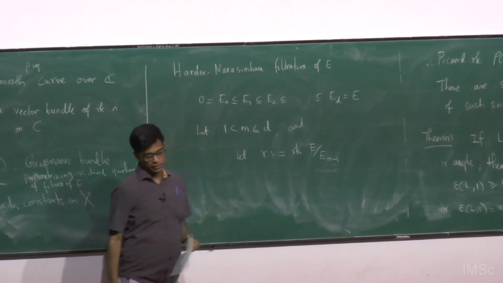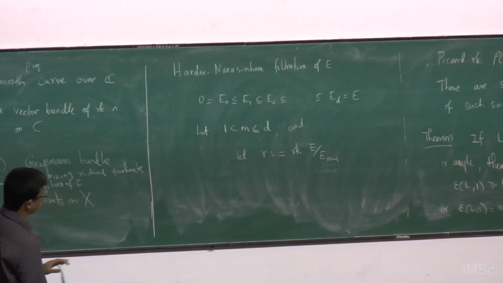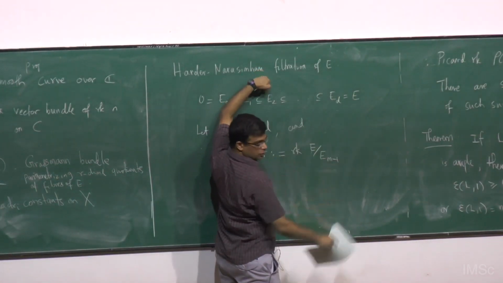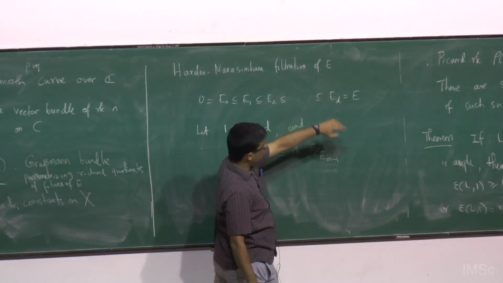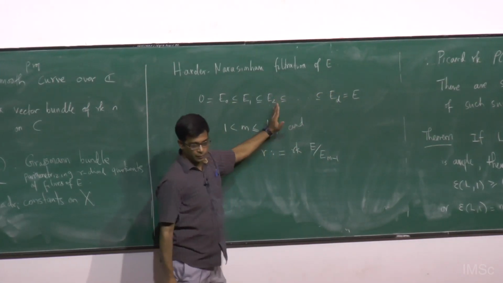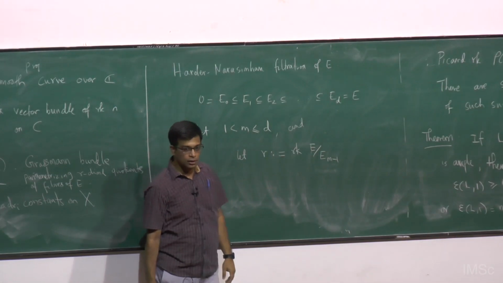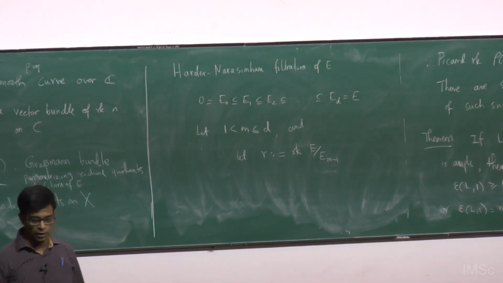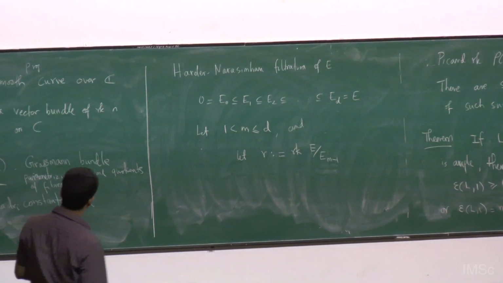Okay, so this is how we set it up. So it's the rank of the tail of this filtration. So E modulo something in the middle. Yes, so it's not semi-stable, yes, that is the first assumption.